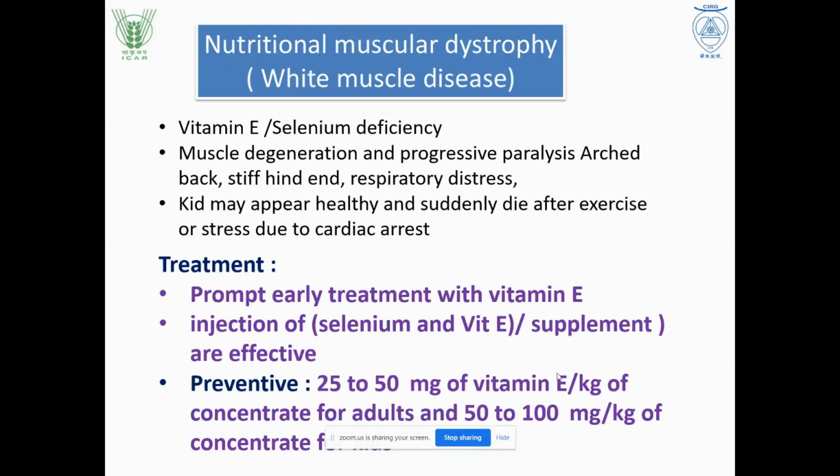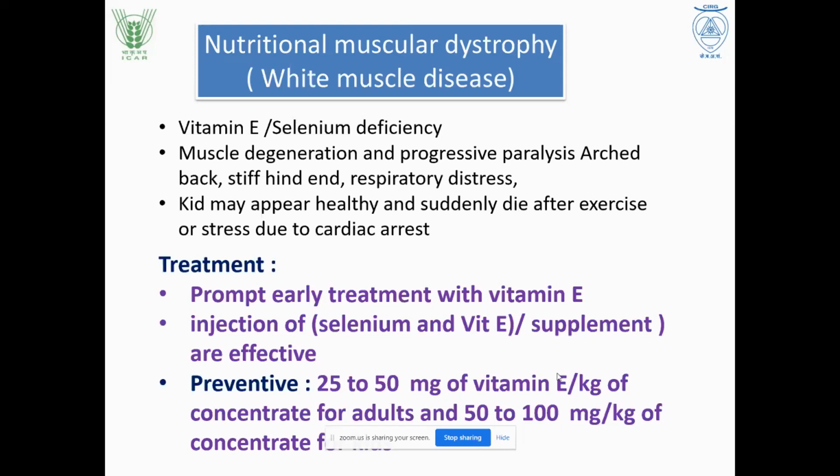In nutritional deficiency, white muscle disease, also known as nutritional muscular dystrophy, sometimes becomes an associated risk in neonatal mortality. The deficiency of vitamin E and selenium is the prominent reason, and that leads to muscular degeneration and paralysis, the animal having stiff legs and respiratory distress.